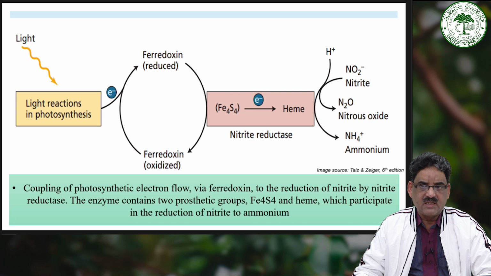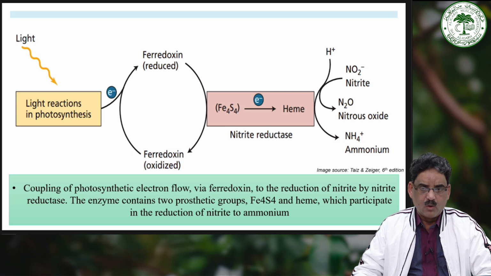The potentially toxic nitrite molecule is converted into the less harmful ammonium ion. This conversion is essential for the assimilation of nitrogen into organic molecules, ultimately supporting the growth and development of the plant.